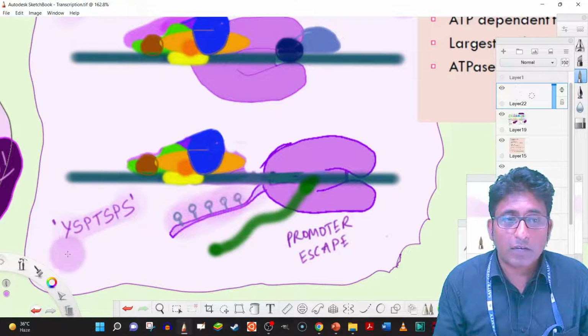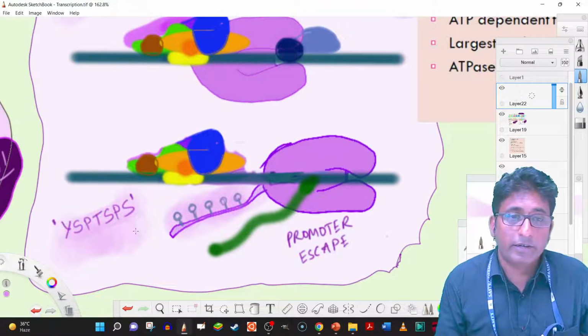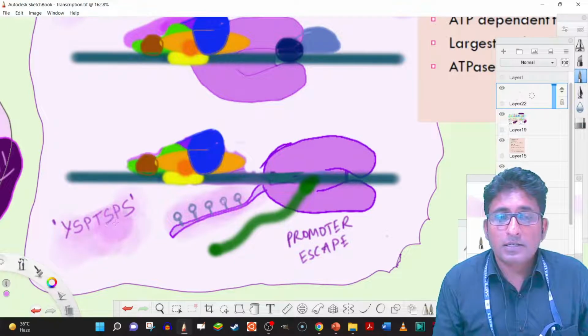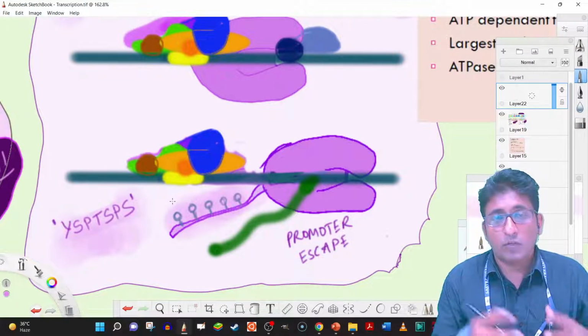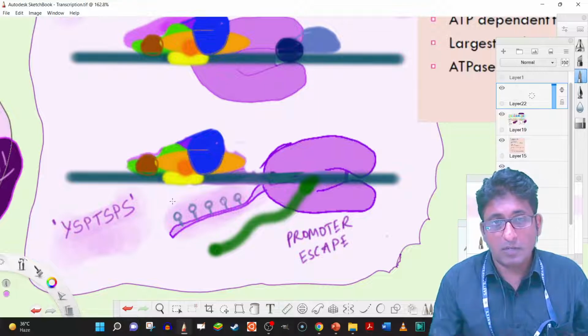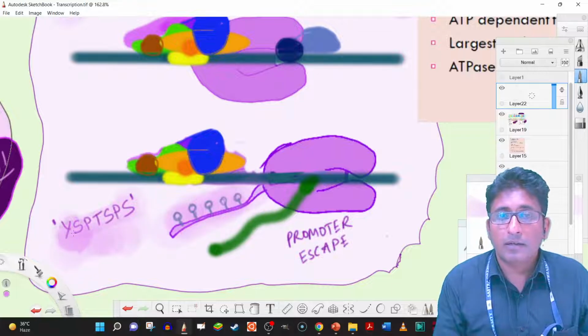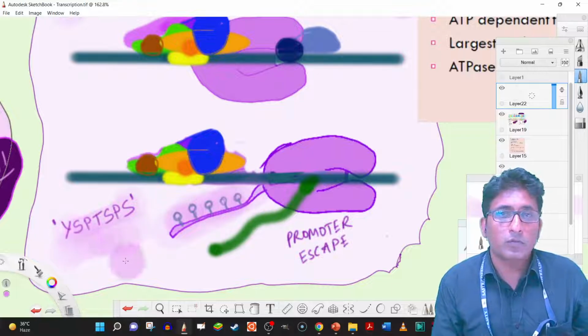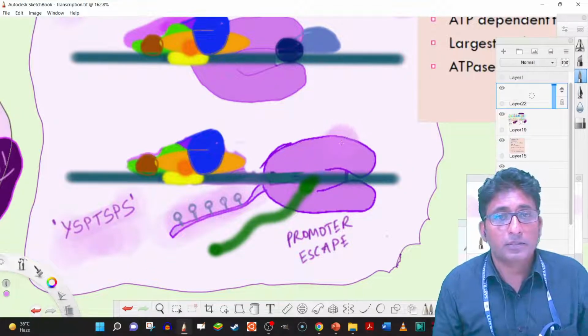It stands for tyrosine, serine, proline, threonine, serine, proline, serine. Within these, as we will see later, there are multiple motifs on this tail, and based on the phosphorylation of it, the activity of RNA polymerase happens.